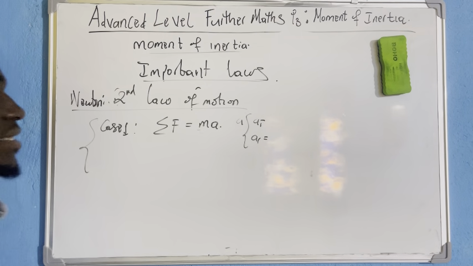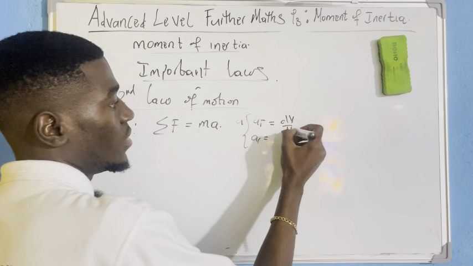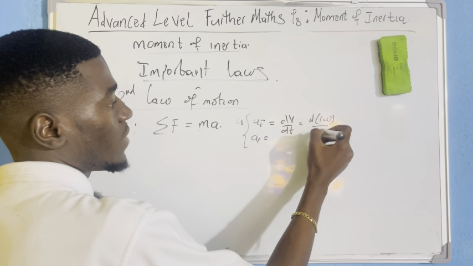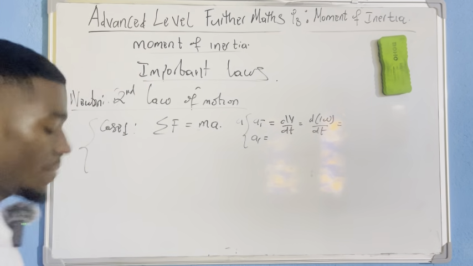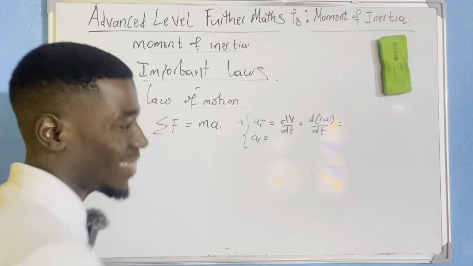The tangential component is simply equal to dV/dt. And we all know that V is r omega, so it will be d(r omega)/dt.